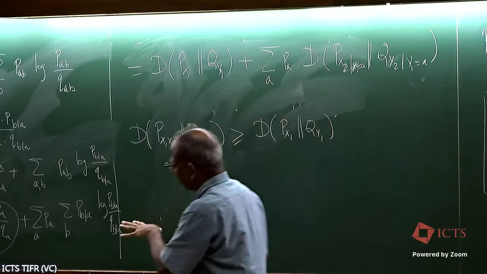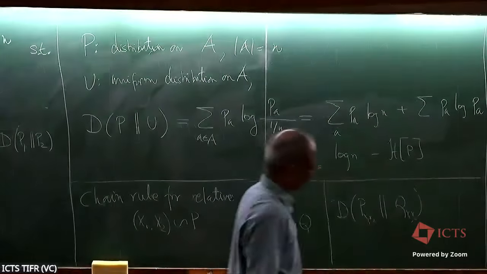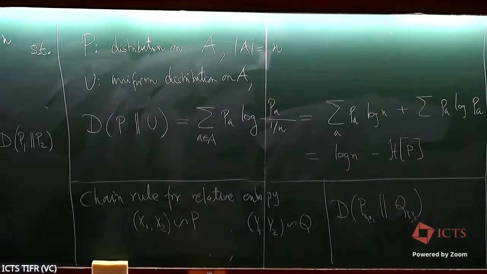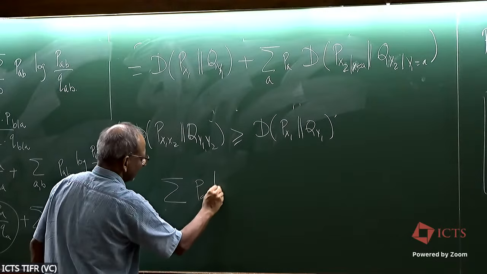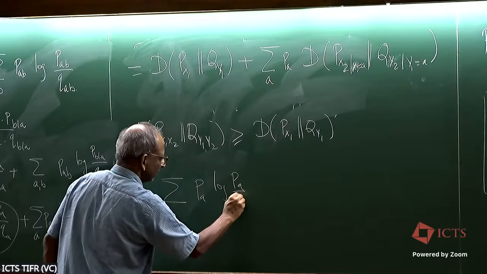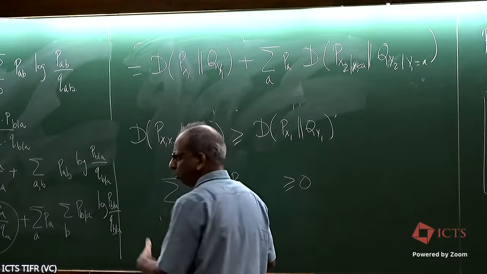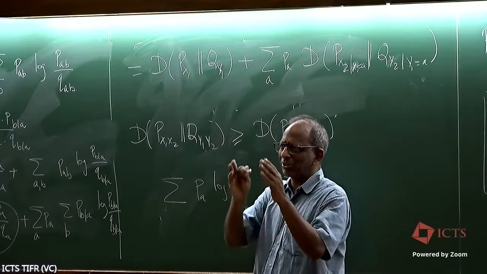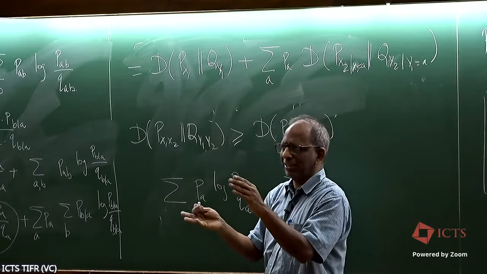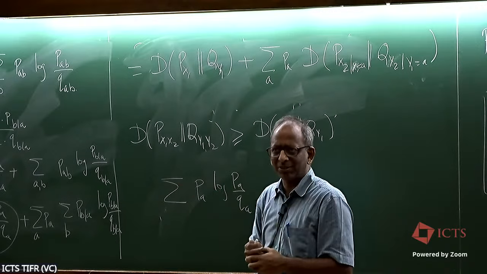By the way, the fact that relative entropy is greater than or equal to 0, I probably did not prove, maybe I did it earlier. That entropy is greater than or equal to 0 is not a surprising thing because it is P(A) log 1 upon P(A). Every term is non-negative and you're adding it up.